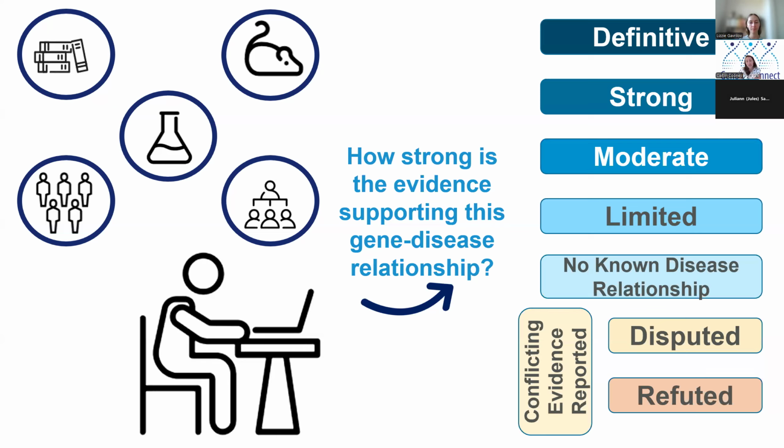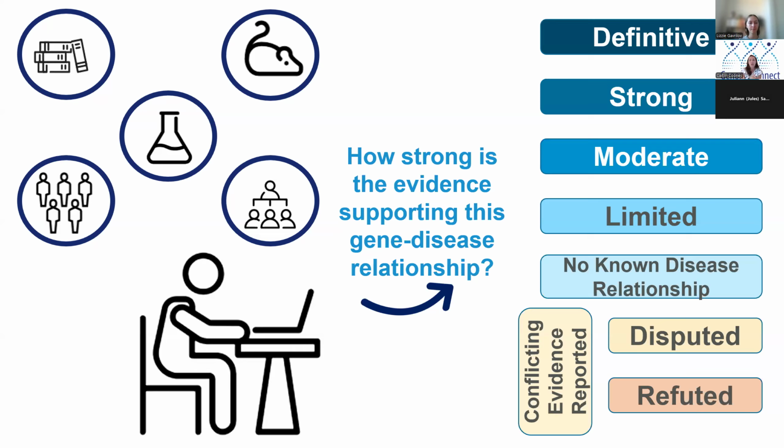Variants in genes with a moderate gene-disease relationship or higher, so if the gene-disease relationship is definitive, strong, or moderate, then the laboratory can really start to tease out the specific change, specific variant, and understand a little bit more of how that may impact someone's health.